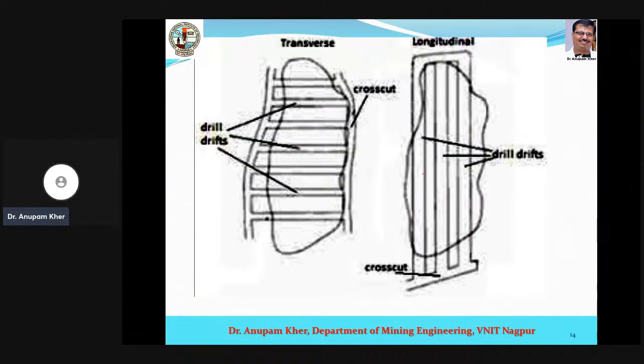Another directional term which is being used in stoping is transverse or longitudinal. So if everyone is able to see, this is a typical ore body which is drawn here. Let us consider this as the strike direction of the ore body. If I am making drivages and access roadways perpendicular to the strike of the ore body, and I am extracting the body with the starting point here and ending point here, that means I am working wall to wall.